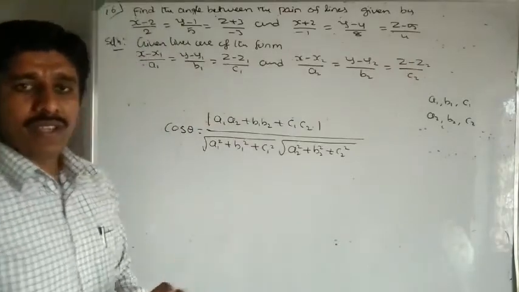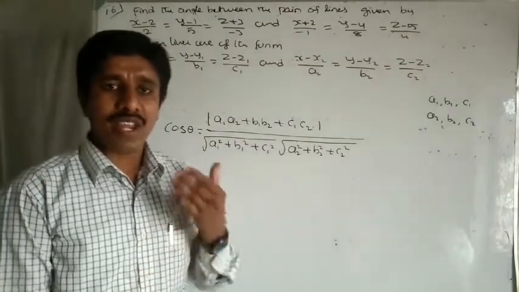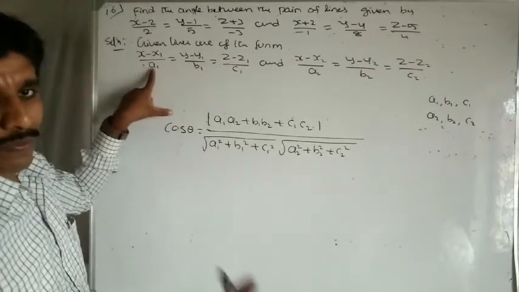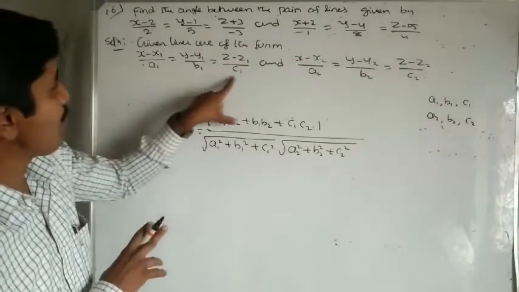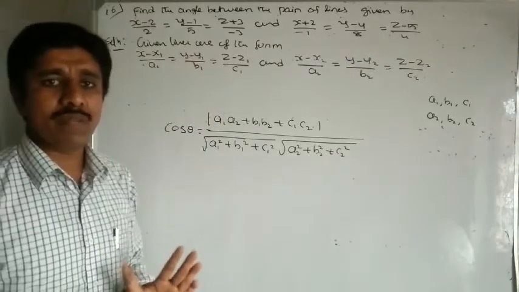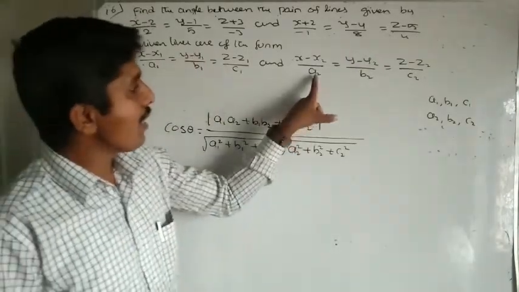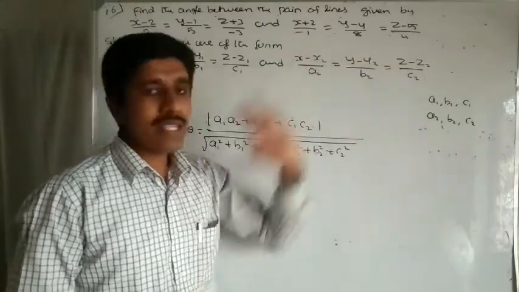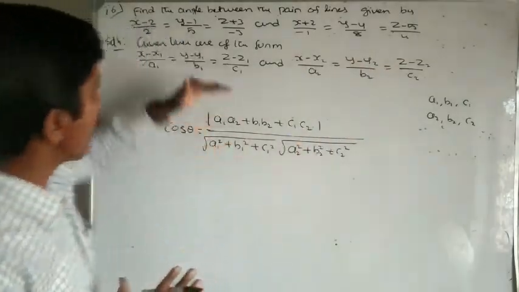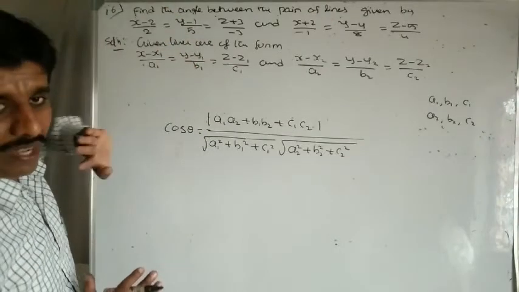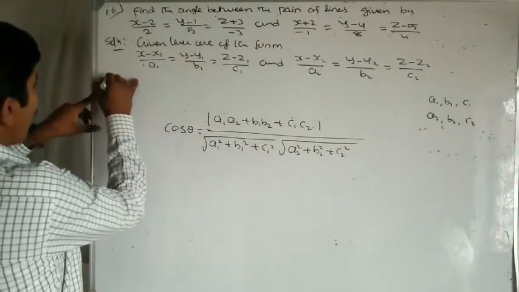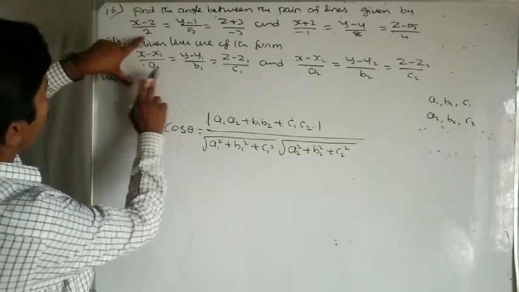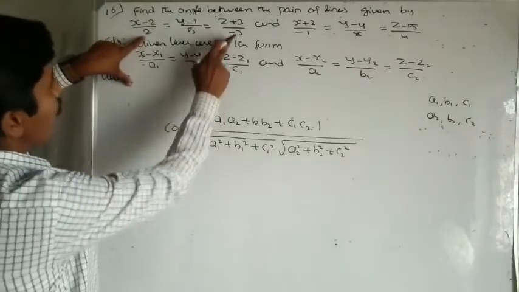Got it. First we shall write the direction ratios of the two lines. The direction ratios of the first line are the denominator values a1, b1, c1, and a2, b2, c2 are the direction ratios of the second line. Comparing the given lines with the standard form, a1 equals 2, b1 equals 5, c1 equals minus 3.